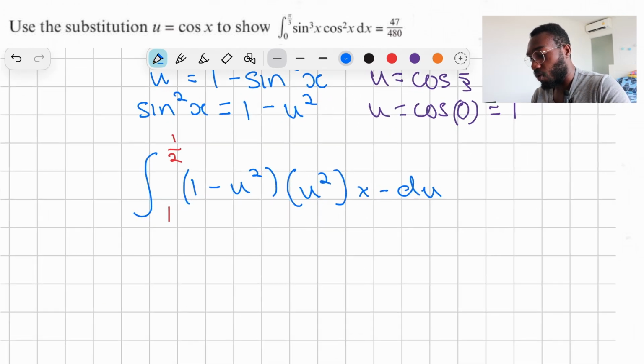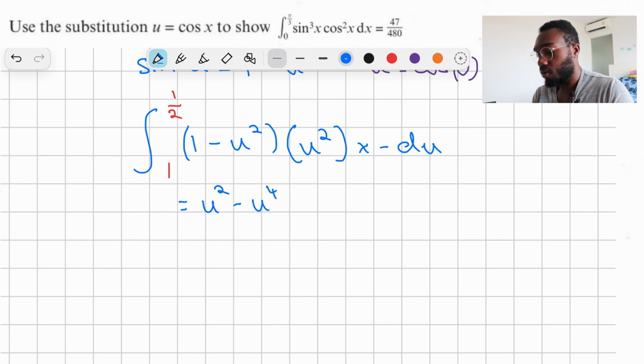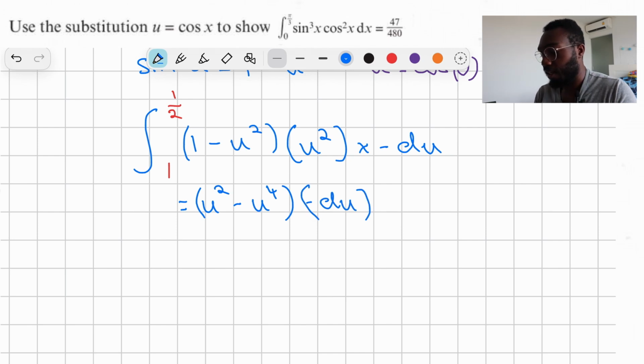And if we were to work all of this out, what do we get? Well, we would get u squared minus u to the 4. And then we also need to times all of that by the minus du as well. I should have really written it like that to make it more clear.